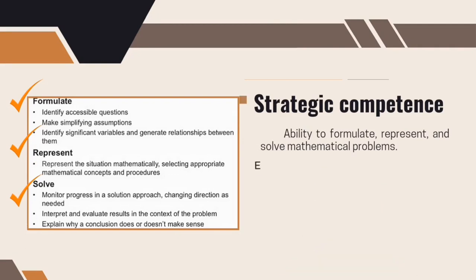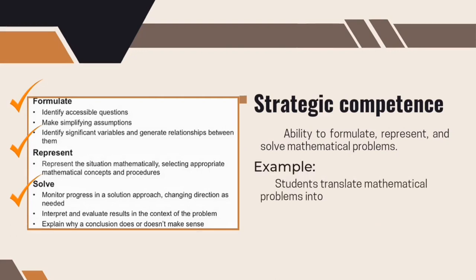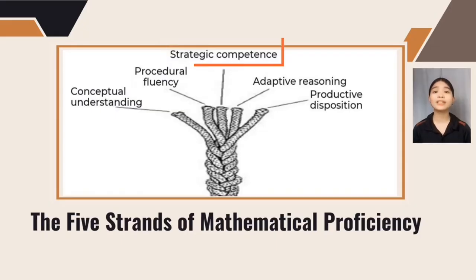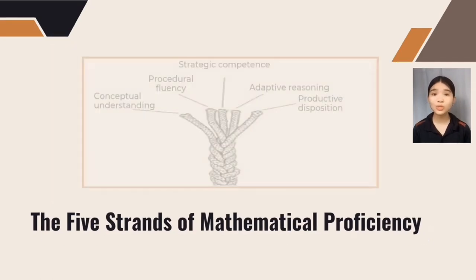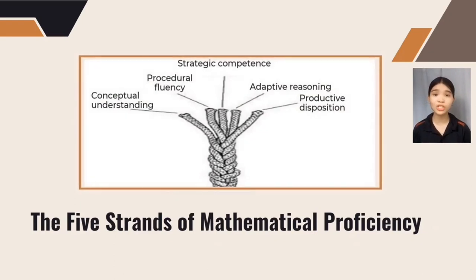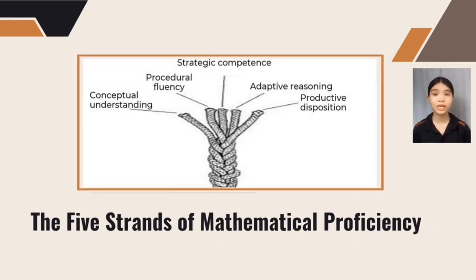An example of strategic competence is students translate mathematical problems into mathematical statements using symbols and notations and solve the problem successfully. Strategic competence depends on conceptual understanding, the first strand, and procedural fluency, the second strand. You cannot solve a problem if you don't understand and know the steps or procedures on how to solve them.